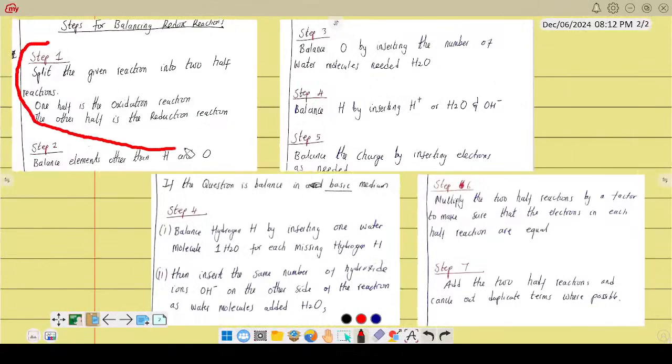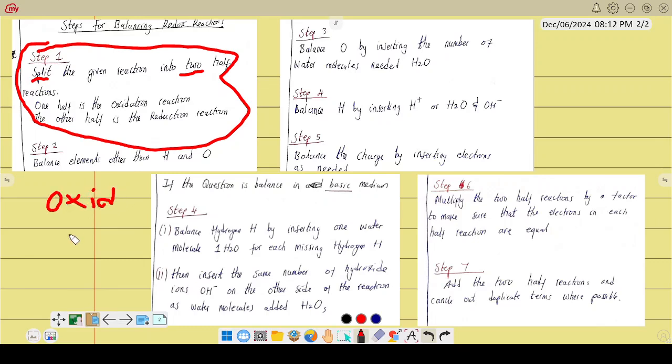So we start with here. These are the steps for balancing redox reactions. So step 1, you split the given reaction into 2 half reactions. So one would be an oxidation half reaction, and then the other one, it will be a reduction.